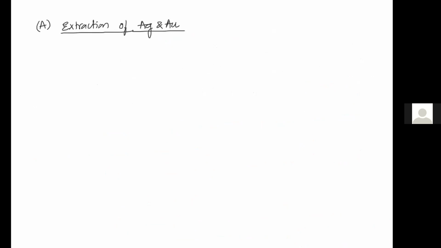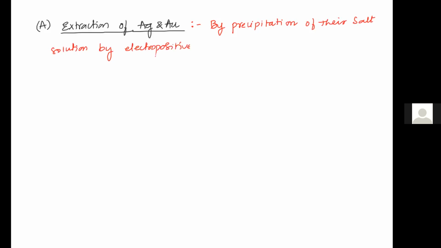So how can these be extracted? These can be extracted by precipitation of their salt solutions by electropositive metals like, for example, zinc.